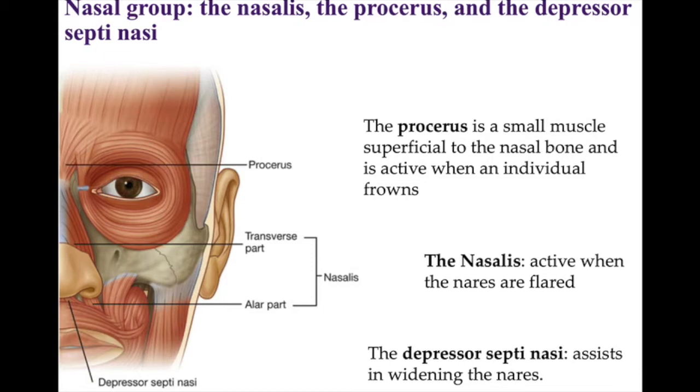The procerus, which is a small muscle that is superficial to the nasal bone, and it also helps frowning. And then a depressor septi nasi, so a muscle that is a depressor of the nasal septum. So these are the three muscles that act on the nose.